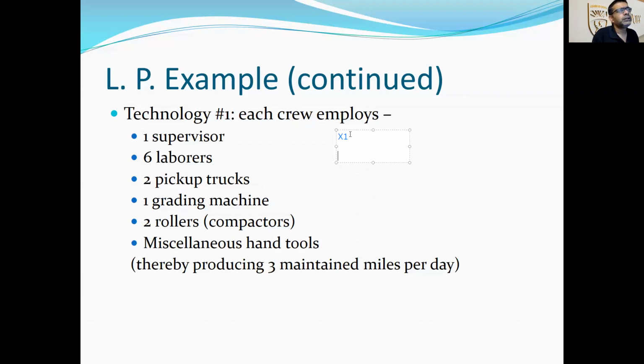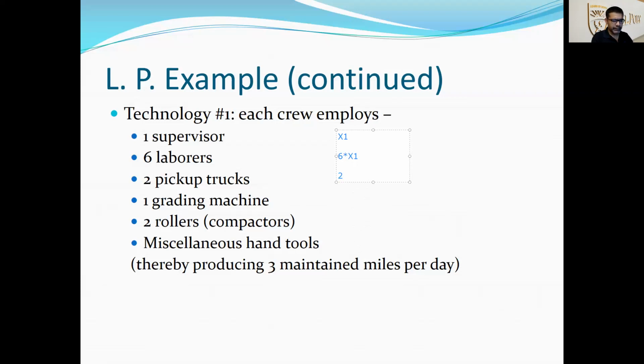Now let's think about if I'm using 6 laborers for 1 unit of technology 1, but I'm employing X1 units of technology 1, how many laborers am I going to be using? You should be able to figure this out. Okay, that's right. Because each unit of technology 1 uses 6 laborers, if I'm using X1 units of technology 1, I'll be using 6 times X1 laborers in total.